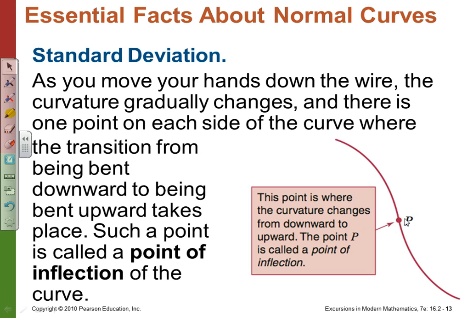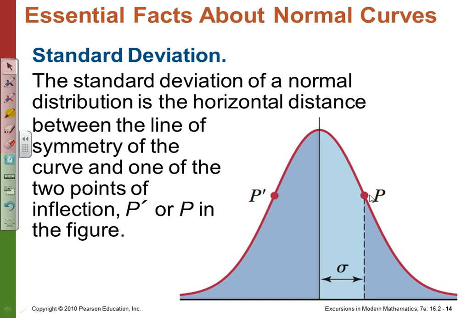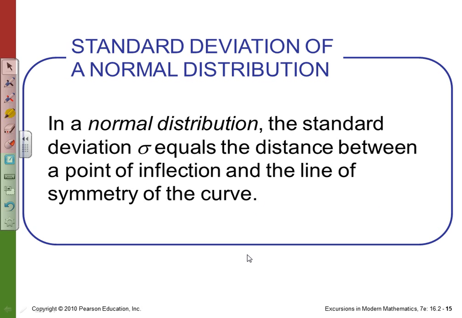Won't that be lovely? So I move my hands down the wire and I find where it changes, and that's where I'm going to call it. So that P point, that inflection point, is going to be one standard deviation away from the mean. And it could be on the other side too. In a normal distribution, the standard deviations are equal distance on both sides of the symmetry line.